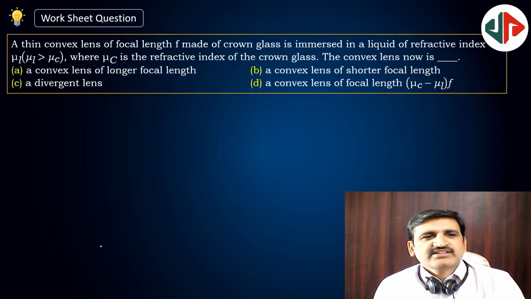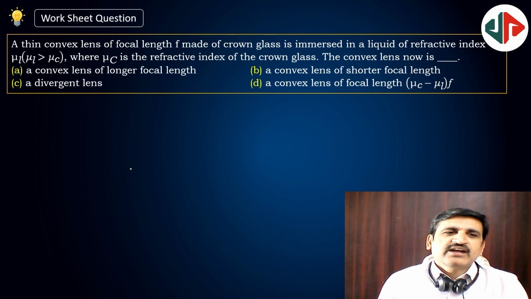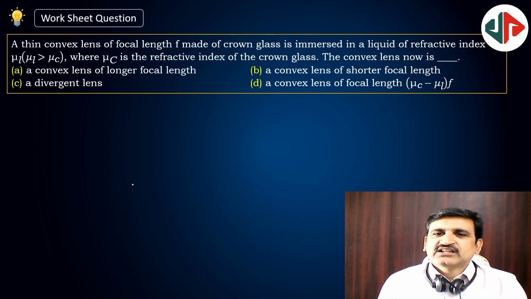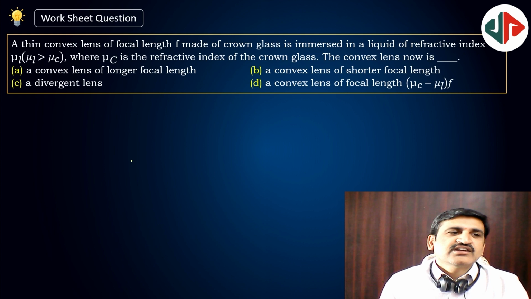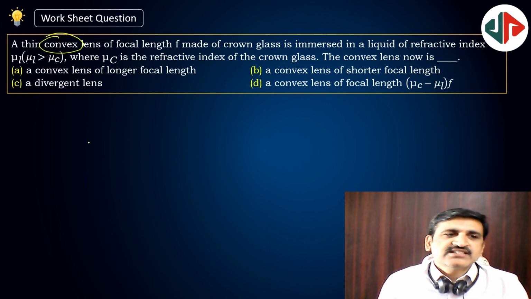A thin convex lens of focal length f made of crown glass is immersed in a liquid of refractive index mu L, and mu c is the refractive index of crown glass. If the liquid's refractive index is greater, then the convex lens behaves in the opposite sense. It behaves like a diverging lens. So its focal length will be negative.